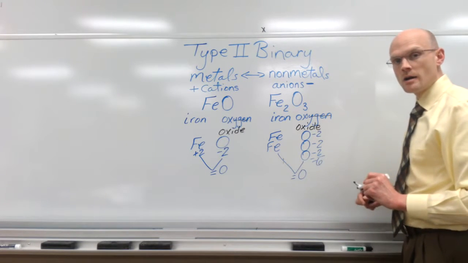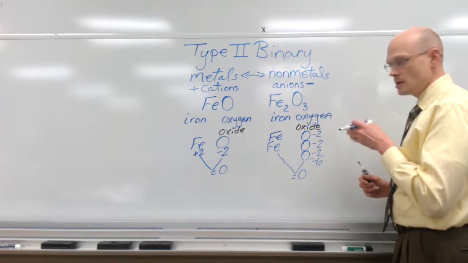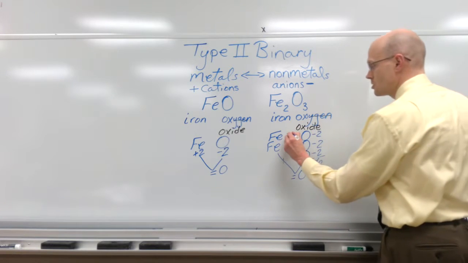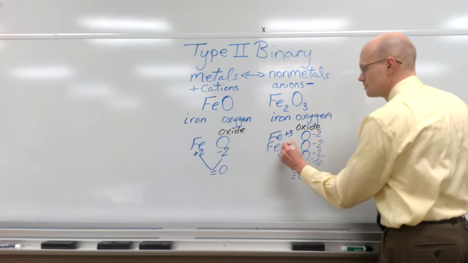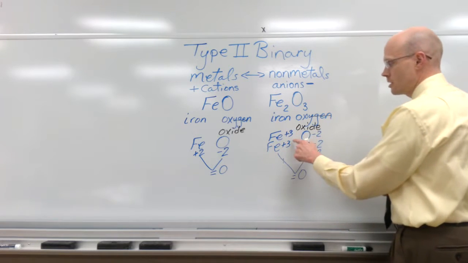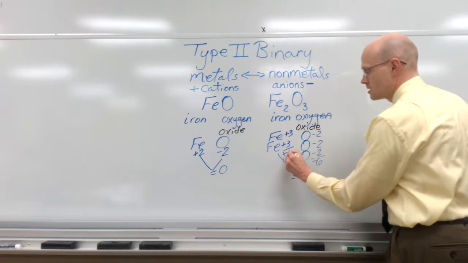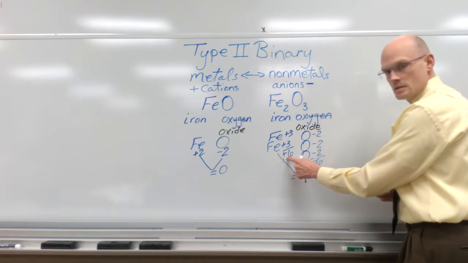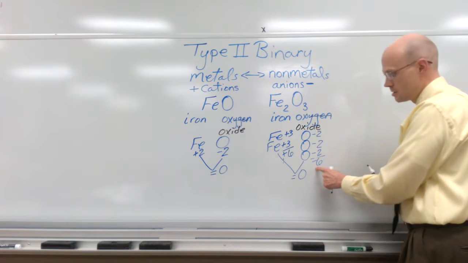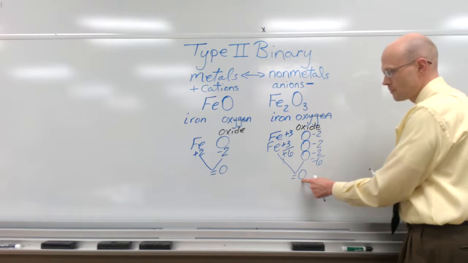Each one of these irons must be carrying a +3 charge. +3 and +3 is a total of +6. 6 minus 6 is equal to 0.